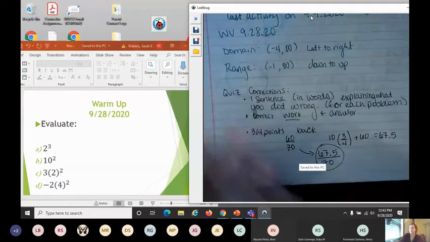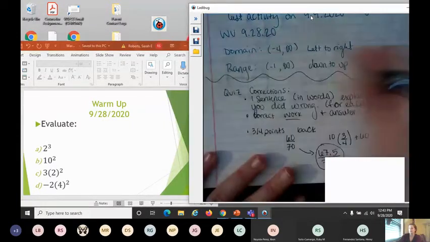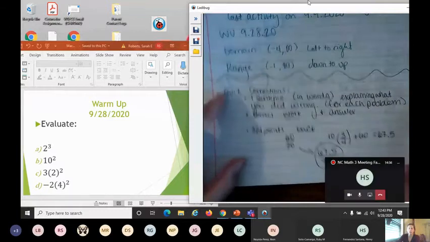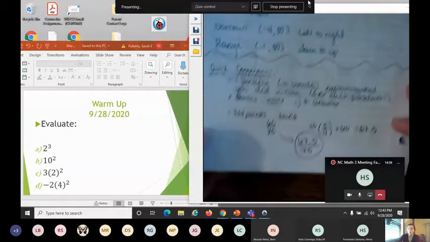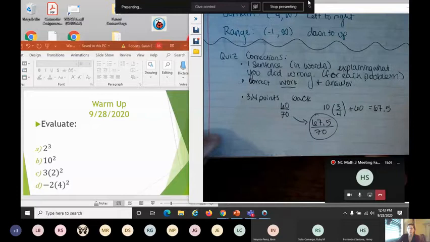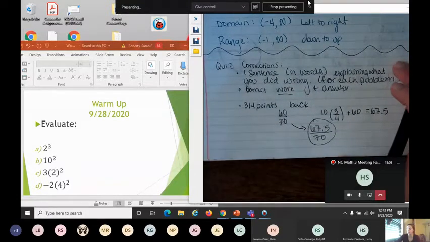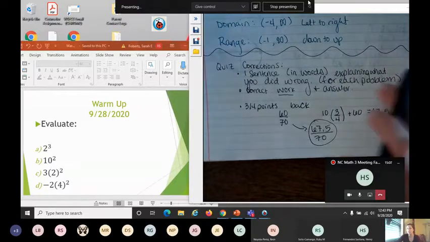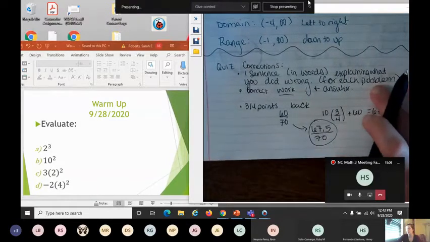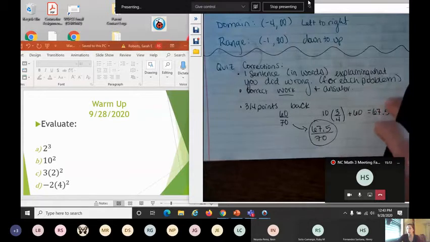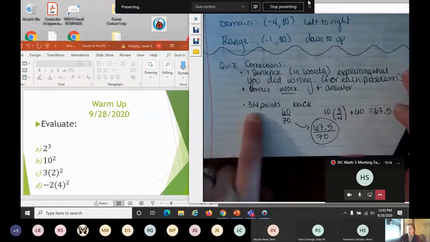Okay, so here is the little section on quiz corrections. All right, so one sentence in words explaining what you did wrong for each problem. Correct work and answer for each problem you got wrong. Normally I only do half points back, but since this is your first quiz, I'm doing 3/4 points back.